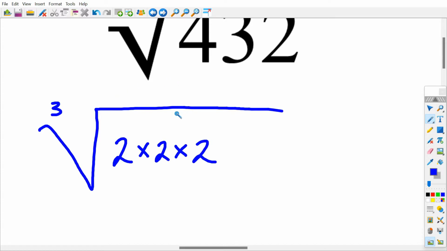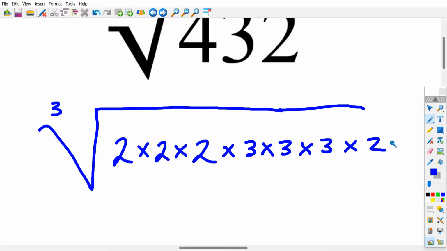So 432 divided by 8 gives us 54, and that's going to be times 3 times 3 times 3, and then finally times 2. So if you were to do a factor tree on this, this is what it would work out to be.